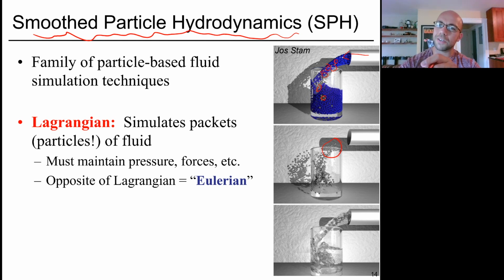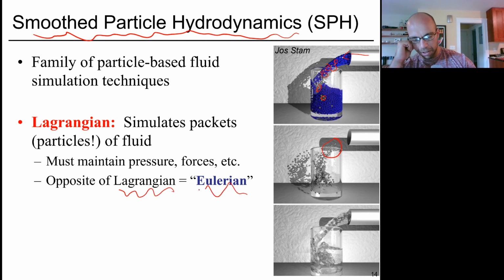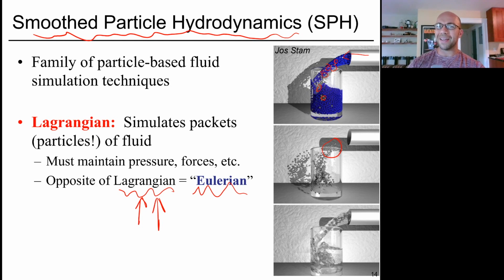One physical term that might be useful, you hear it a lot in computer graphics talks, is the distinction between Lagrangian and Eulerian fluids. In this class, when we talk about particle systems, they are Lagrangian. Just as a tiny digression, if you want to describe a bucket of water using the laws of physical motion, there's actually two different ways that you could do that.